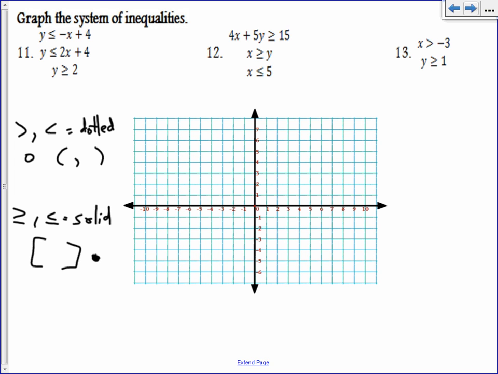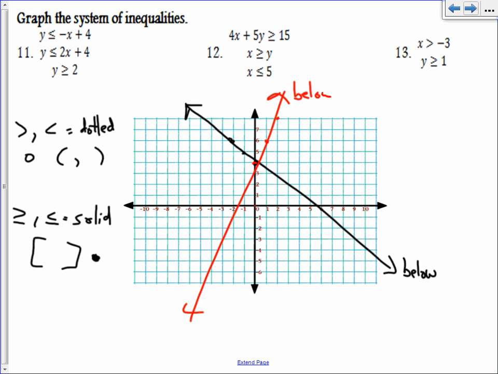So what I do in these right here, guys, I have 3 graphs I got to graph. I got to graph y equals negative x plus 4, and it's a solid line. And then I'm going to shade, that's less than, so I'm going to shade below that line. Then I have y is less than or equal to 2x plus 4. So there's that, up 2 over 1, up 2 over 1, and it is below that line.